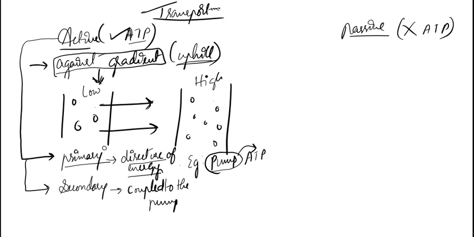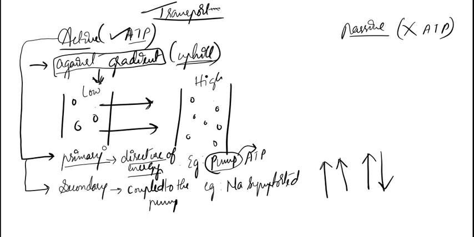For example, take sodium symporter. Symporter means both the ions flow in the same direction. Antiporter means ions moving in opposite directions. So take sodium symporter.